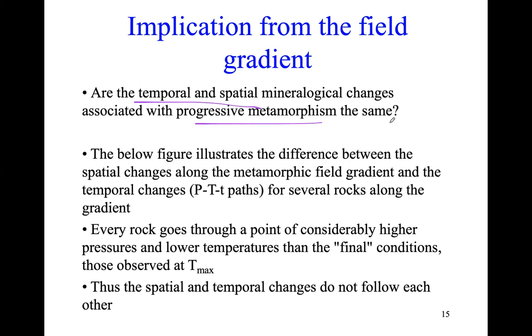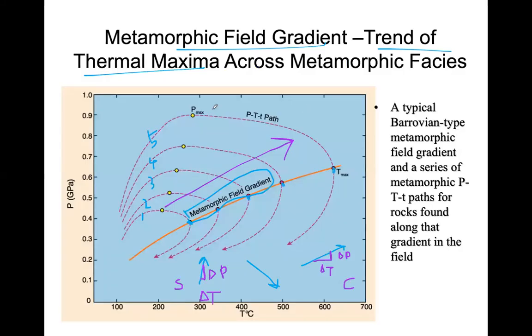Spatial changes means at different pressure or depth levels, which is mainly reflected by the pressure. Different pressure levels means they must be lying at different depth levels, so spatially they are different.